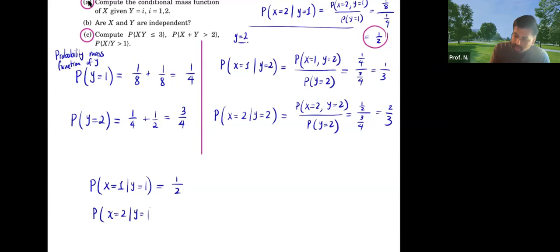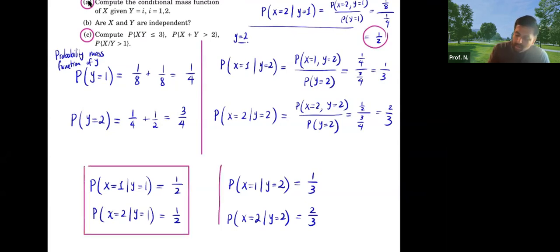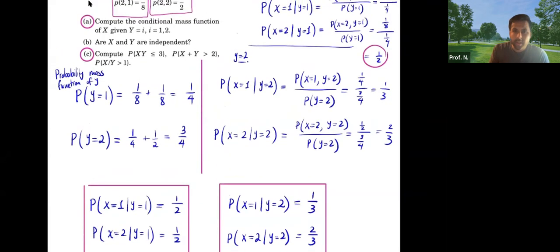So y equals 1 is a half, right? And then this is x equals 1 given y equals 2, and then the probability that x equals 2 given y equals 2. So I've calculated the conditional mass function.